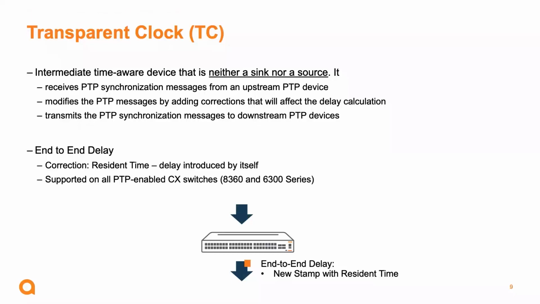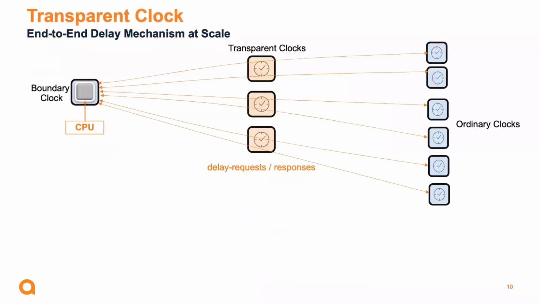Now, this is how the mechanism would look if we have the end-to-end delay mechanism and try to go at scale. You start adding more transparent clocks and more ordinary clocks, and you go to a large number. The idea here is that the delay mechanism goes all the way from the ordinary clocks across the transparent clocks to the boundary clock.